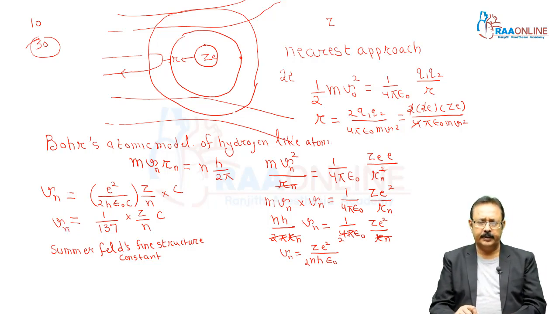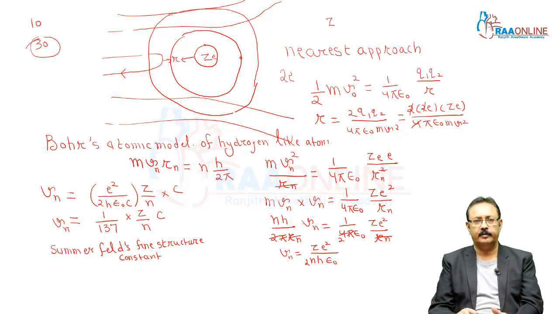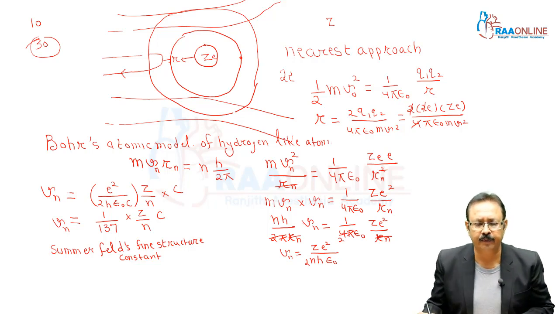1 upon 137 Zc by n. Suppose in any numerical they ask: in a sodium atom, in the third orbit, with what speed are electrons revolving? I can solve this now. 1 upon 137 is constant.